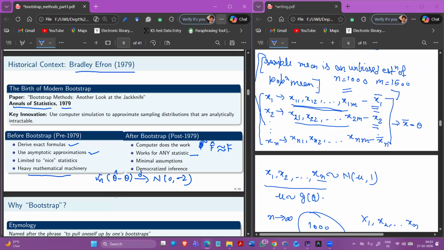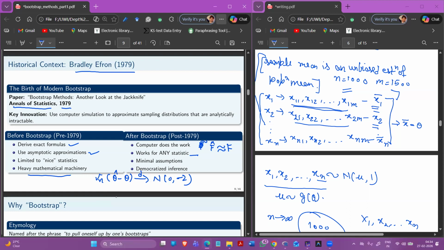Mean, variance, all the things should be known at that time, and you should know the formula of all those things. Like, sample mean is the unbiased estimator of the population mean. So at that time, you should know the formula of the sample mean. Right now, you don't need anything here. So anybody can use it right now.